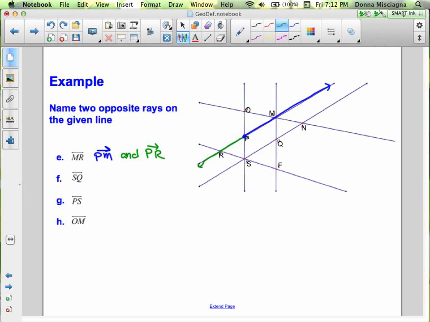Those are opposite rays. They share an endpoint, point P. They go in opposite directions. They form line MR, and they do not overlap.